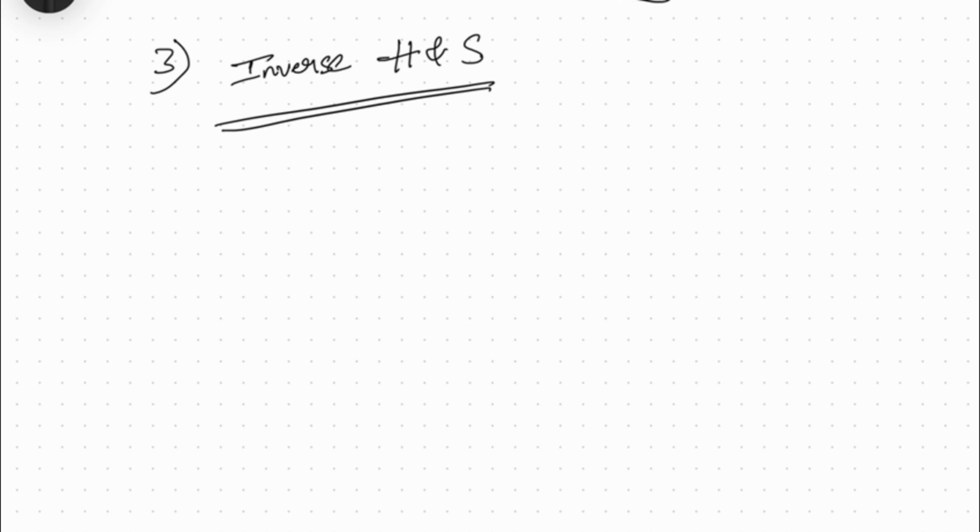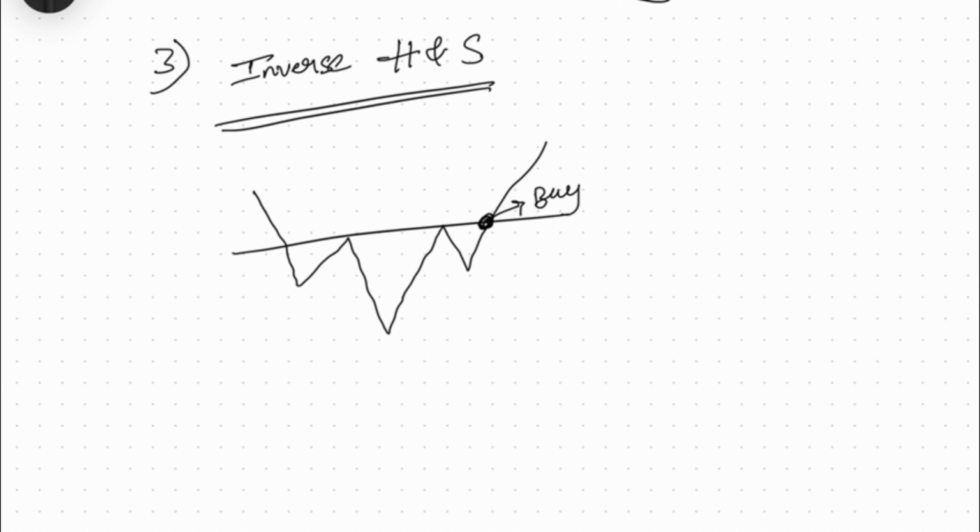Let's see the third pattern. Third pattern is inverse head and shoulders. It will appear like this. Exactly, if it crosses here, you should take a buy.